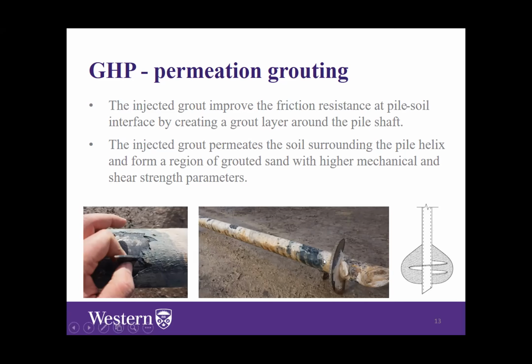Besides, the grout starts to fill the gaps created between the pile shaft and the surrounding soil, adding a thin layer of grout. This thin layer improves the friction resistance at the pile soil interface. So both our shaft resistance and helix resistance were improved by this technique.